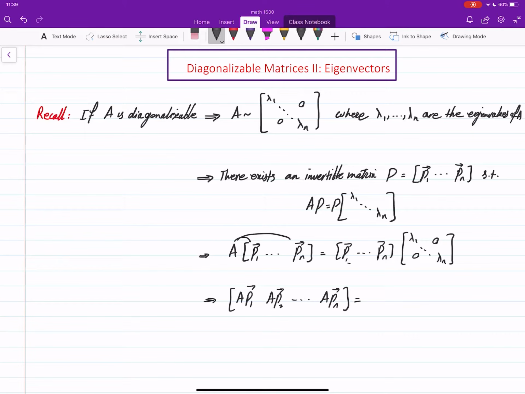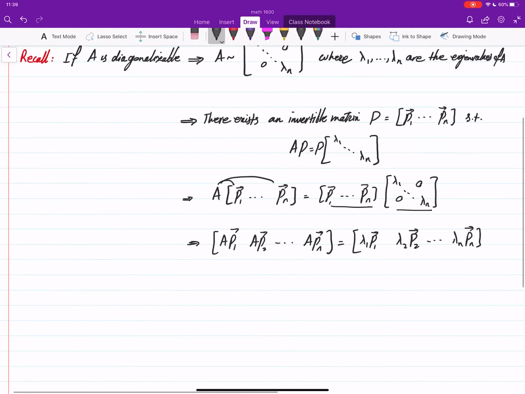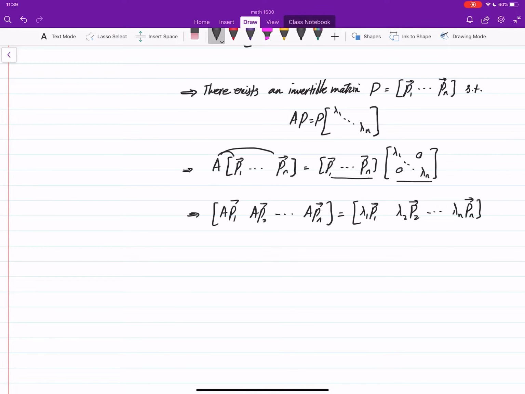If you multiply P by this diagonal matrix, you will find lambda 1 P1, lambda 2 P2, and lambda n Pn. So we have two matrices which are equal, so the corresponding columns will be the same.